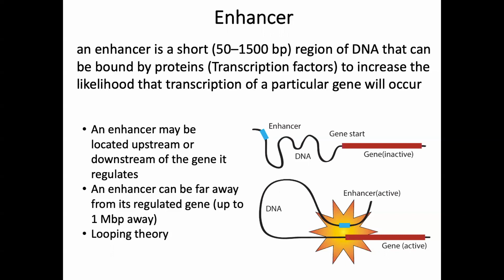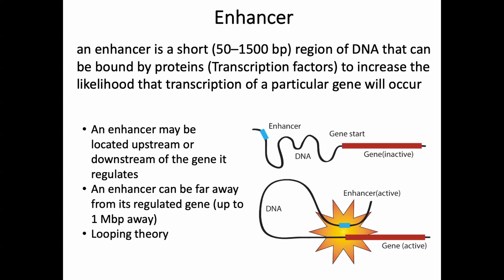So an enhancer is a short DNA region. It comprises about 50 to 1,500 base pairs that can be bound by transcription factors to activate transcription. An enhancer does not work by itself, as the interplay between enhancer and promoter is essential for transcriptional activation.